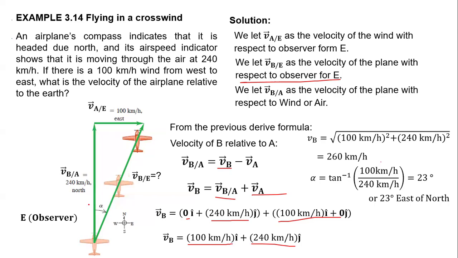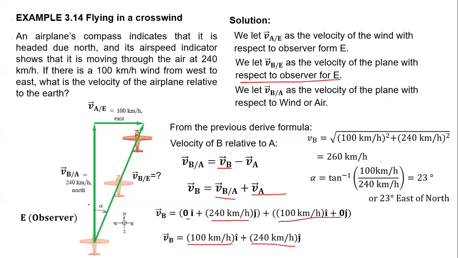But because of the wind that is influencing the airplane, if someone is observing the flight of the plane from the earth, the real magnitude of that is 260 kilometers per hour, and it's not moving north, it is moving east of north.